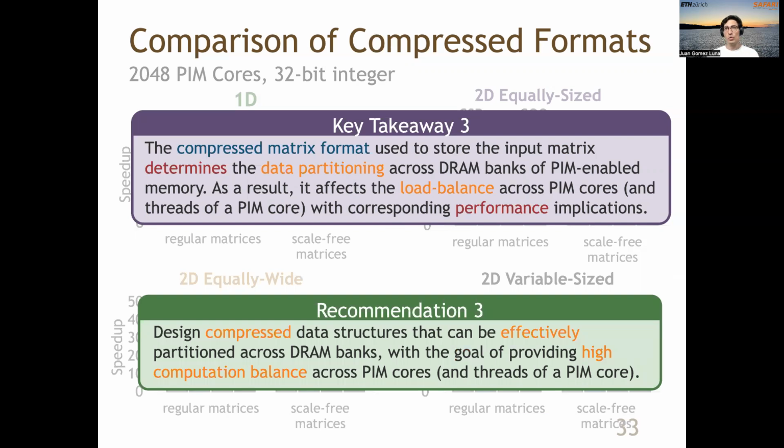So ideally, we should design compressed data structures that can be effectively partitioned across DRAM banks in order to provide high computation balance. That would be the recommendation for an ideal or better suited compression scheme for matrices on PIM systems.